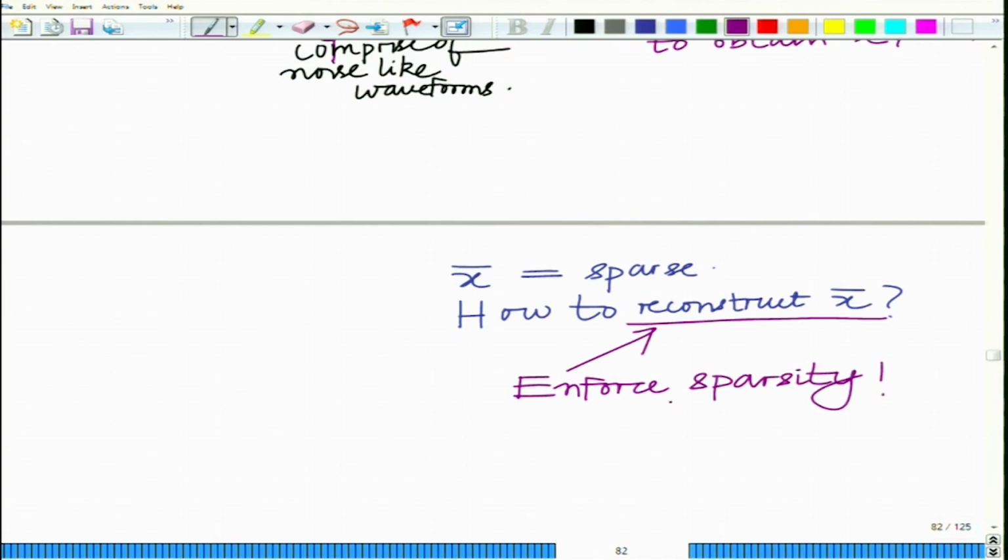What does it mean to say enforce sparsity? It implies we have to somehow impose a condition on x bar. Remember, x bar is a sparse vector. So, we have to ensure that in the reconstructed vector x bar, a large number of elements are zeros and only some elements are non-zero.